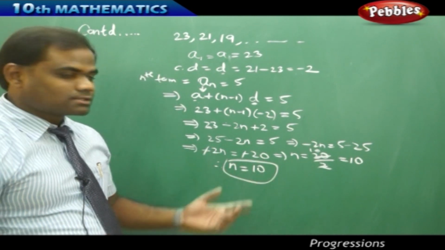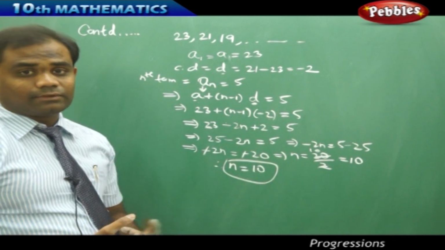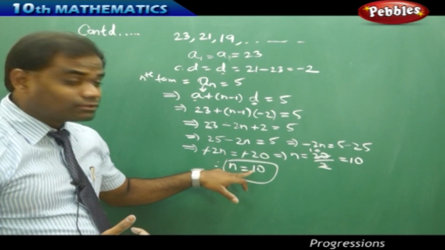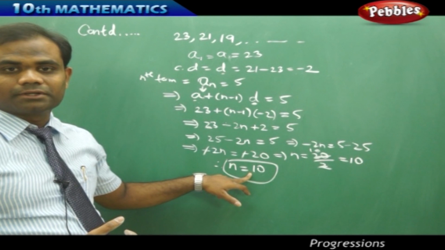Therefore, when I convert this into the real life problem as asked in the given question, I understand that the 10th row will have 5 chairs in the stadium.